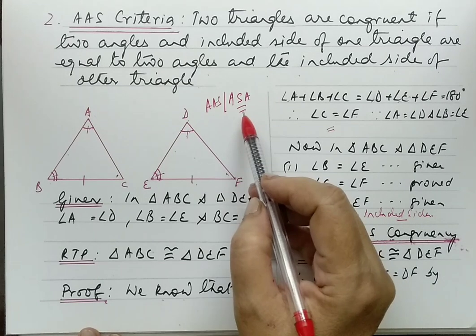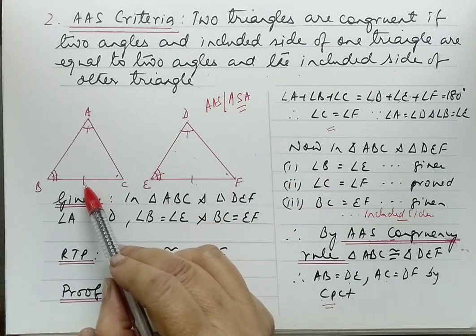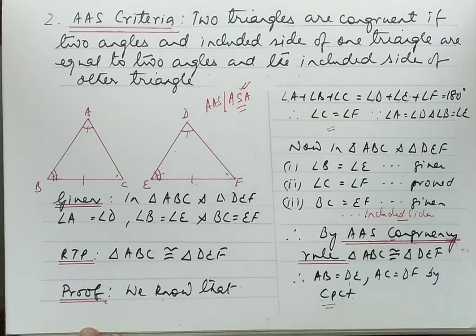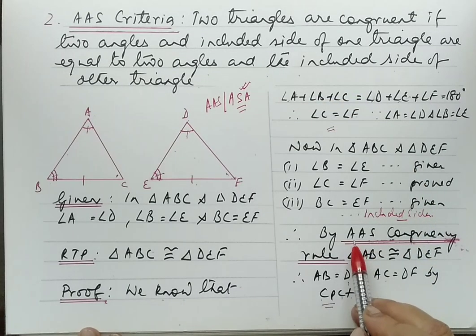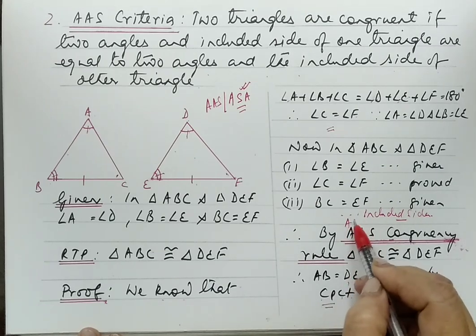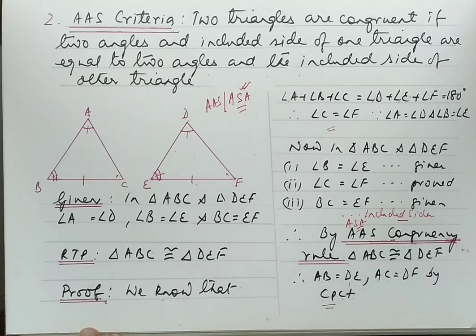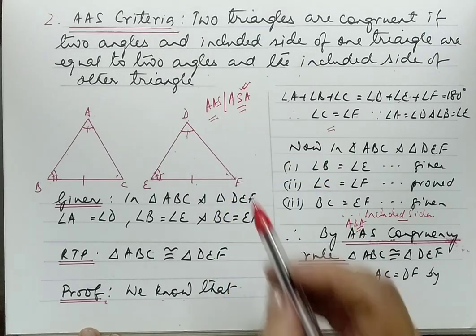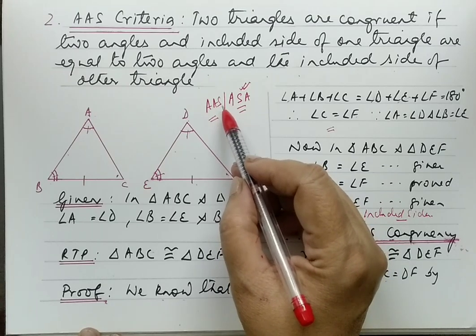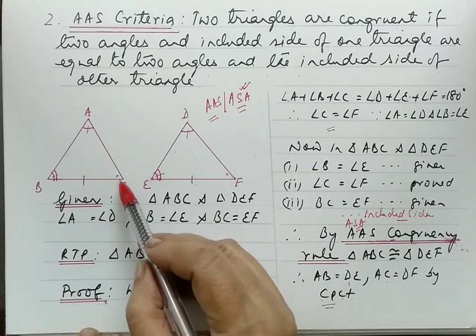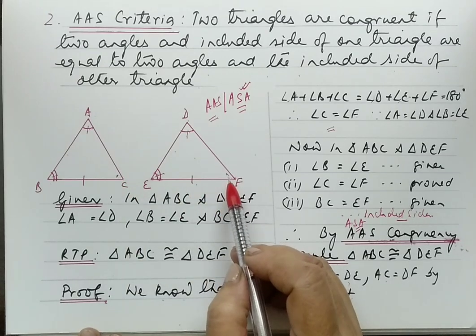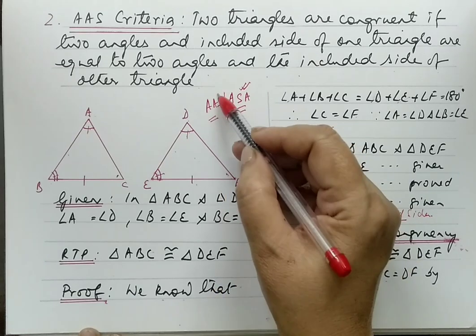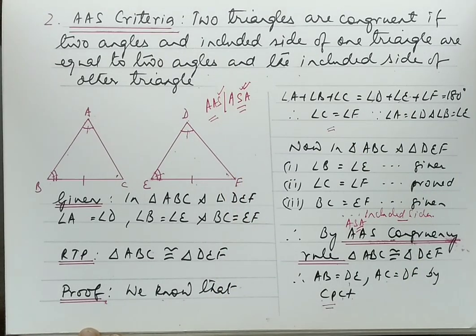So we call it corresponding parts of congruent triangles. Now because the side is in the middle and two angles are over here, we can say ASA conveniently. But we also prove this way. So we go for this because automatically the third angle must find its place, and give in any way a side that is included.